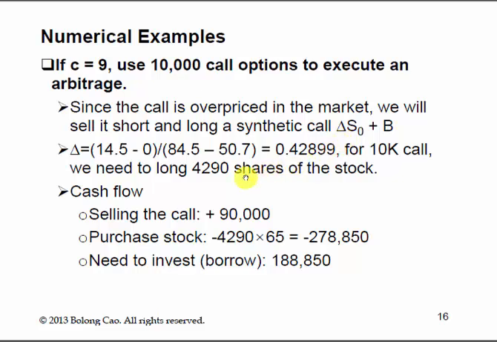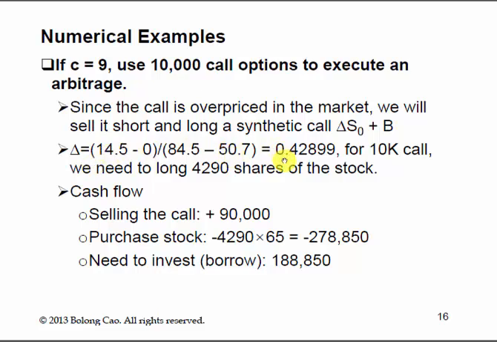Now, what is delta? Delta is quite easy once we remember our previous picture. It's the call payoff difference over the up and down price distance. It's 14.5 minus 0 over 84.5 minus 50.7. These are the numbers we have.